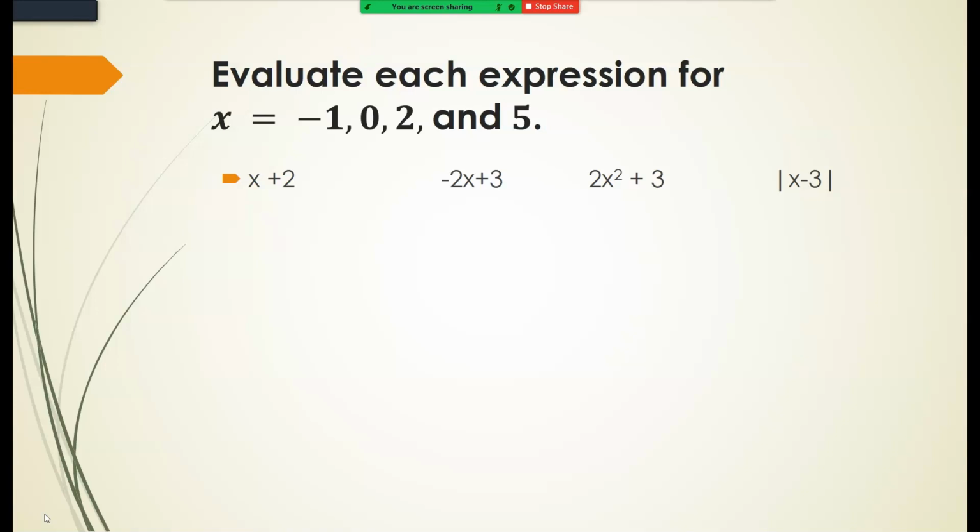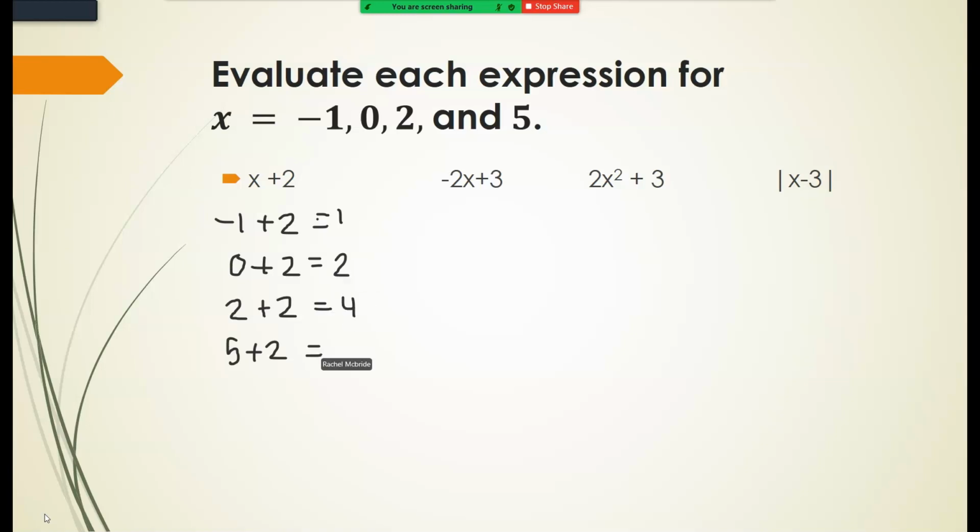So if you plug in, you get -1 plus 2, 0 plus 2, 2 plus 2, and 5 plus 2. So that gives 1, 2, 4, and 7.